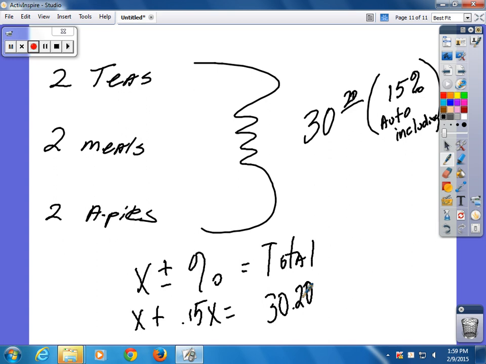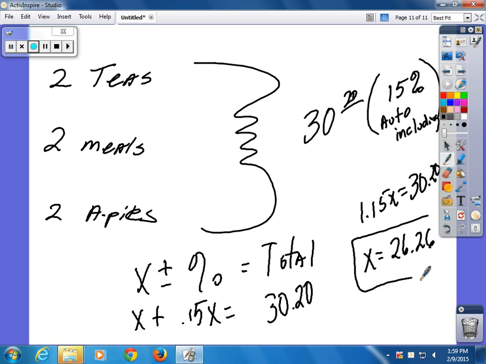So that's 1.15. If somebody take 30.20 and divide it by 1.15, somebody give me that number. 26.26. So the meal costs $26.